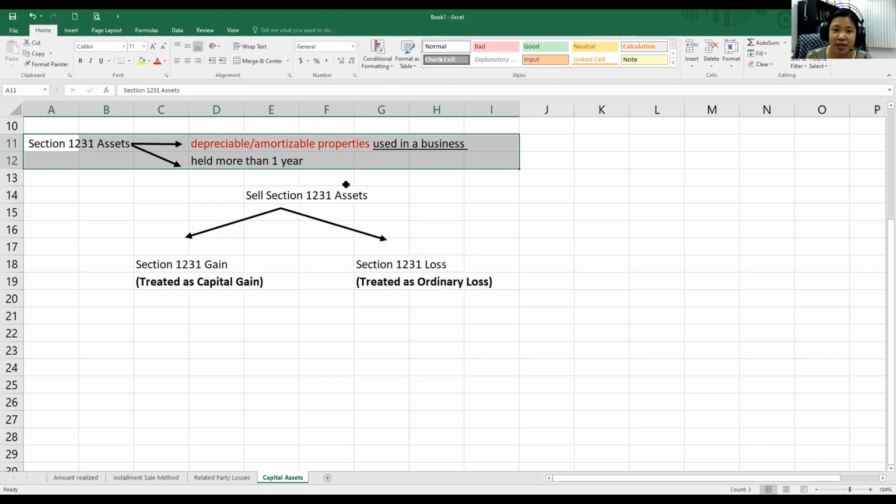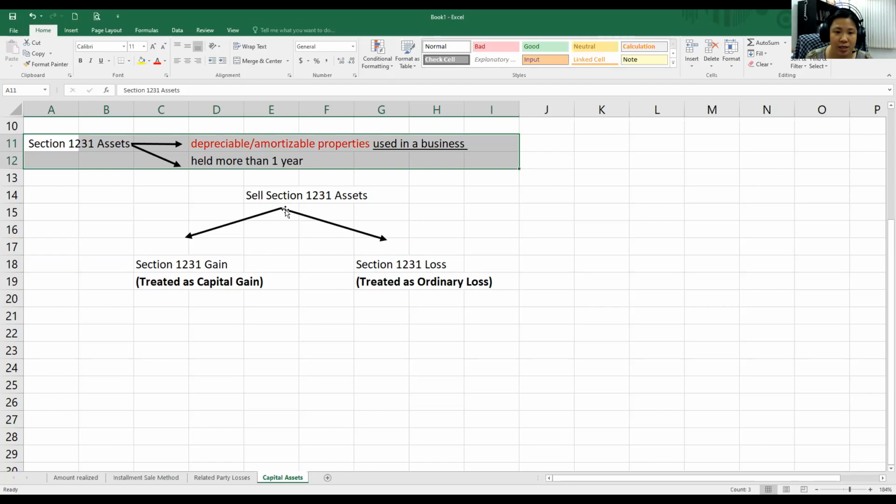Land is property used in a business, and if the company holds it for more than 1 year, it is also a section 1231 asset, even though it's not depreciable. Another example is a machine. If the company uses a machine in the business and holds it for more than 1 year, it is also a section 1231 asset.